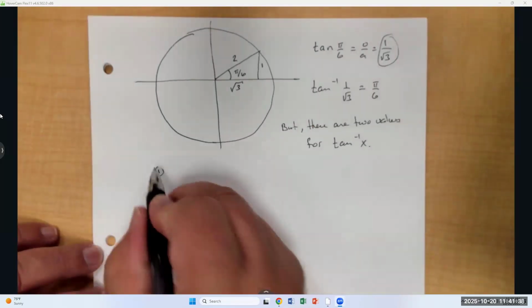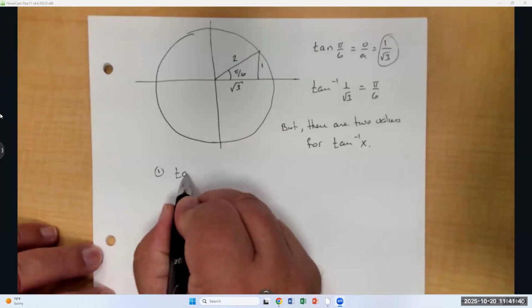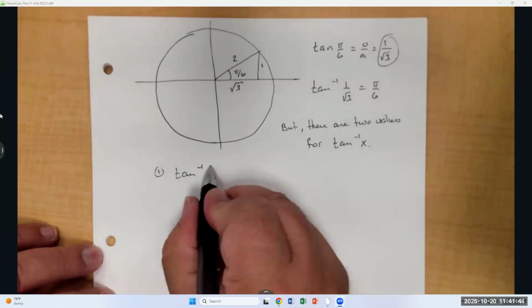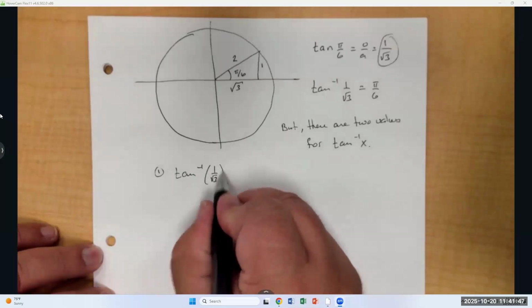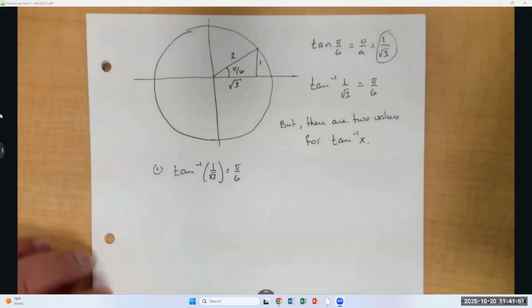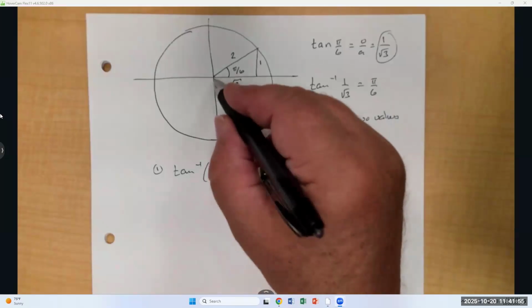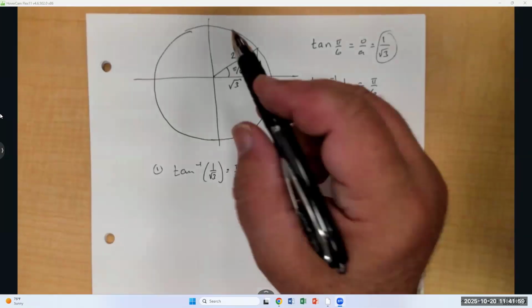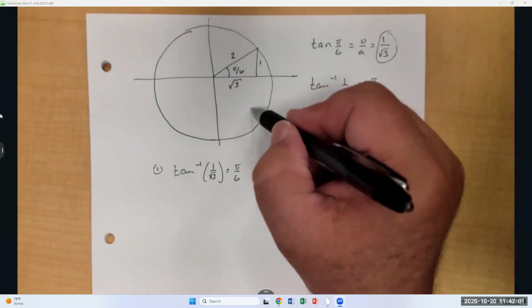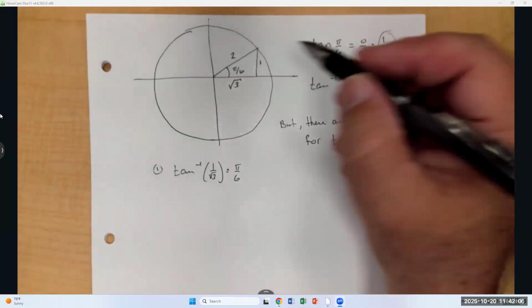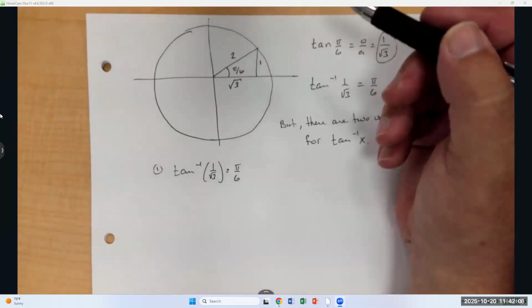The first one we found was inverse tangent of 1 over radical 3 is equal to pi over 6. Now, the other side we think about is in the fourth quadrant. Why? Because the tangent function is symmetric about the x-axis.